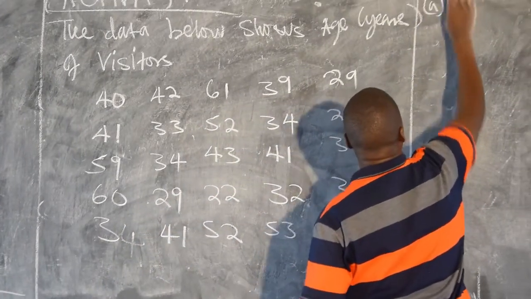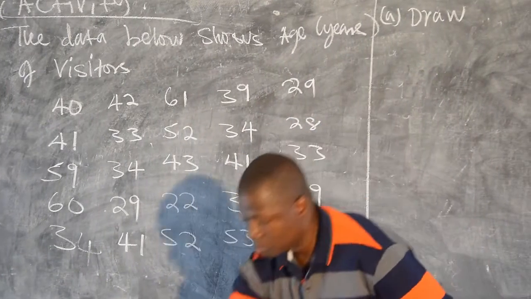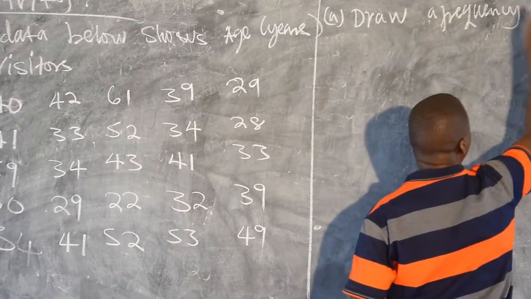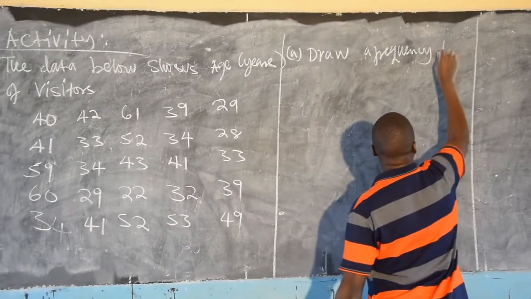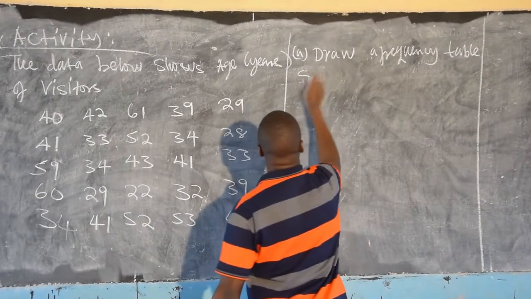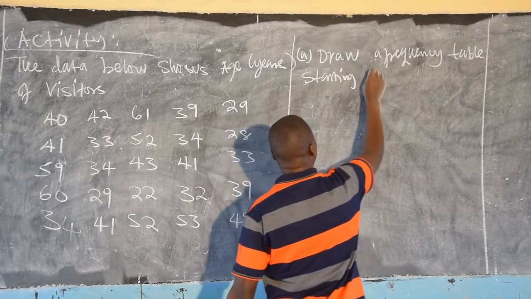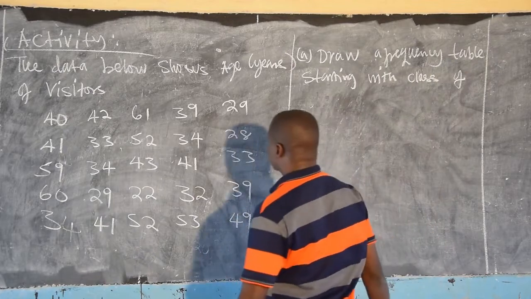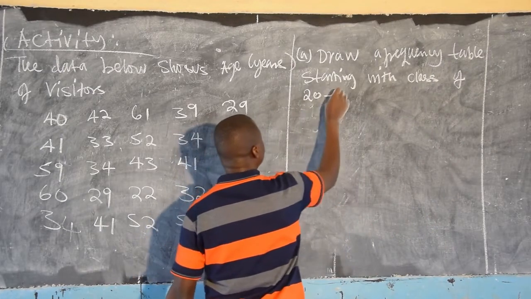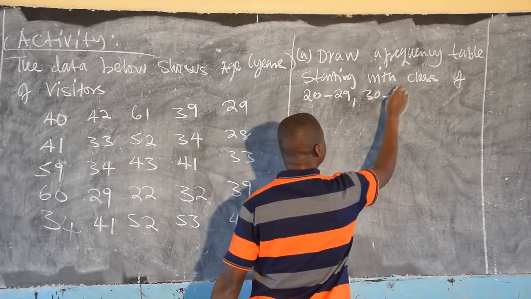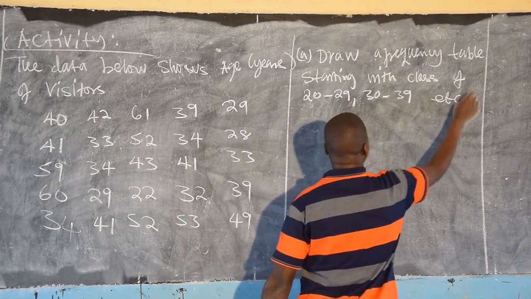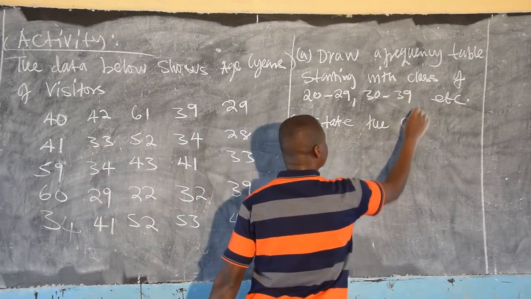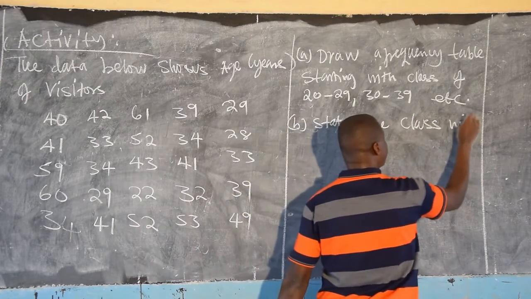Part A, draw a frequency table, starting with the class of 22, 29, 32, 39, etc. Part B, state the class width.